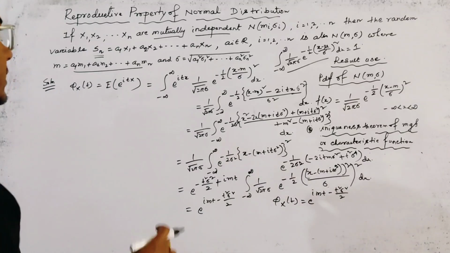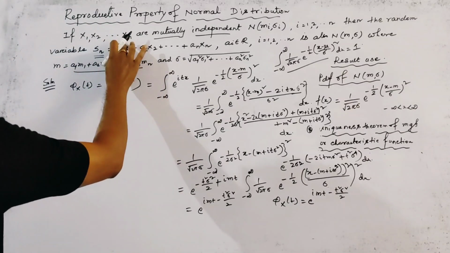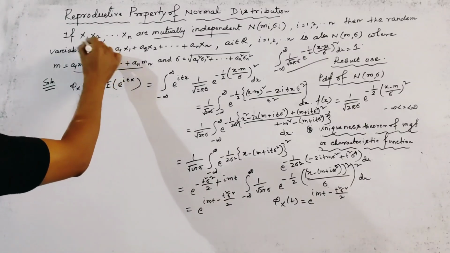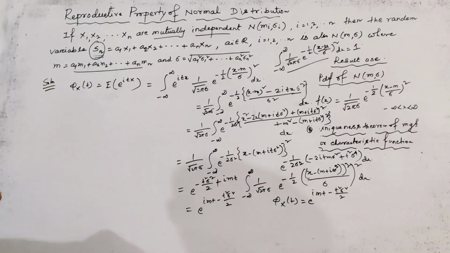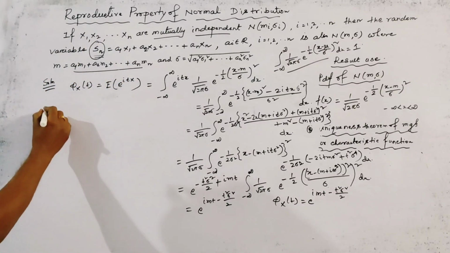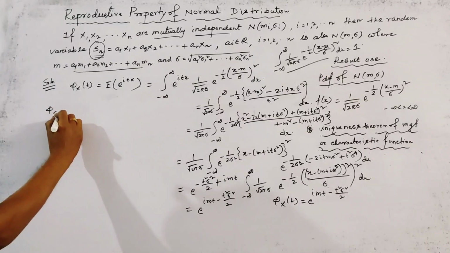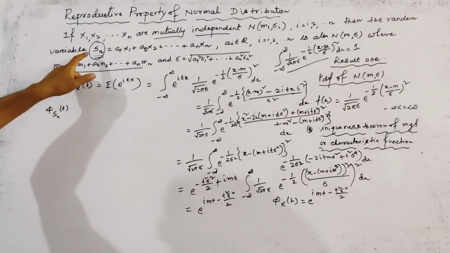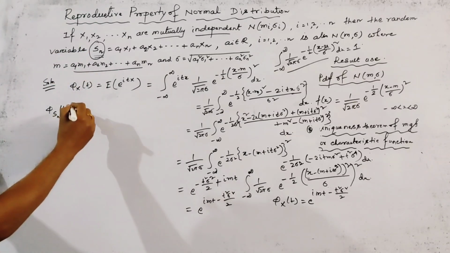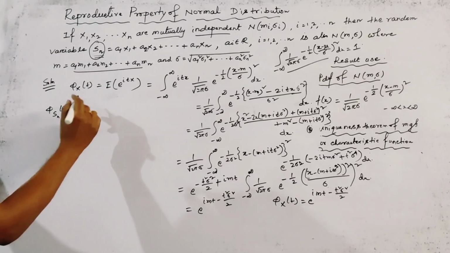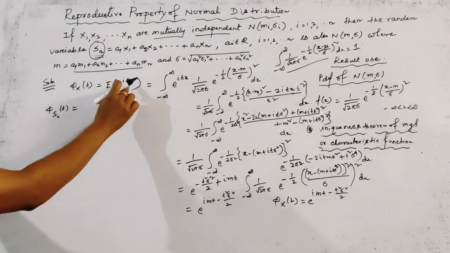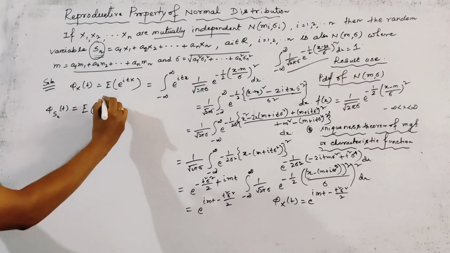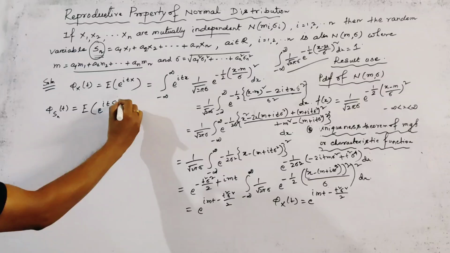Now since x1, x2, xn are mutually independent, and here the variable is Sn, so we write phi Sn t. This is the characteristic function of the variable Sn, which by definition, if we put Sn in place of x, gives the expectation e to the power i t Sn.